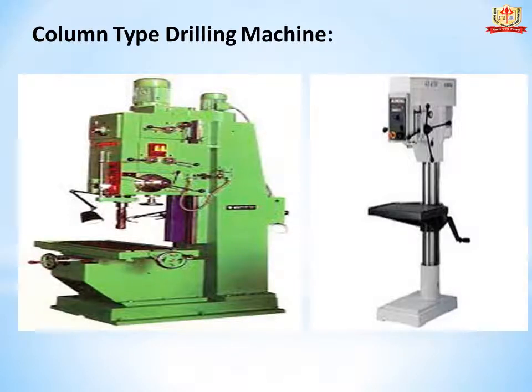Next drilling machine is column type drilling machine. Construction of column type drilling machine is similar to sensitive drilling machine, but column type drilling machine is heavier and larger than sensitive drilling machine. Column provided is of round or box section.